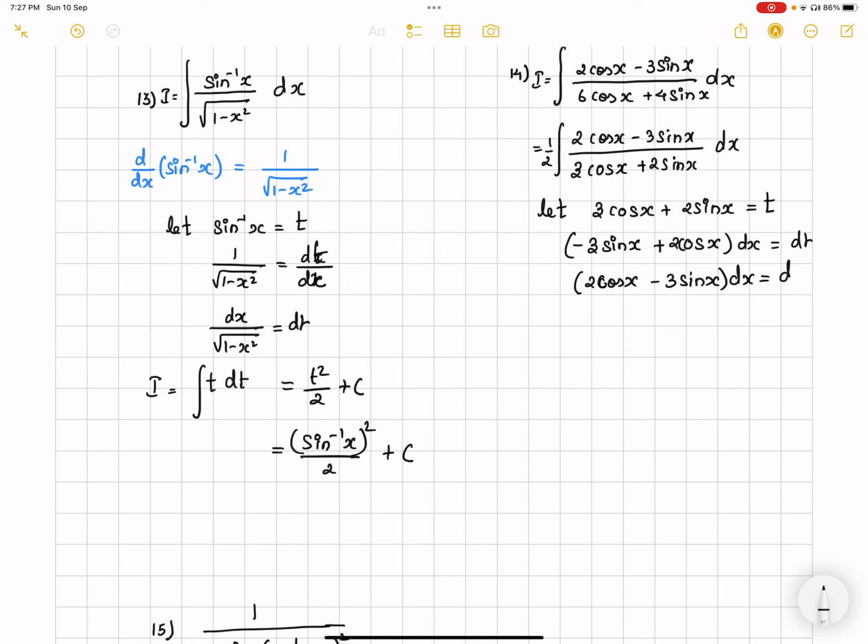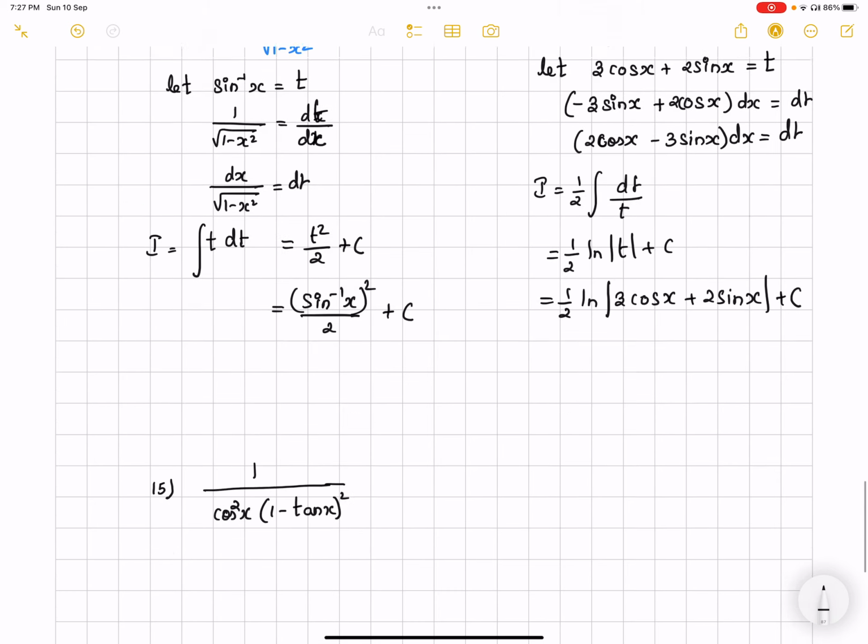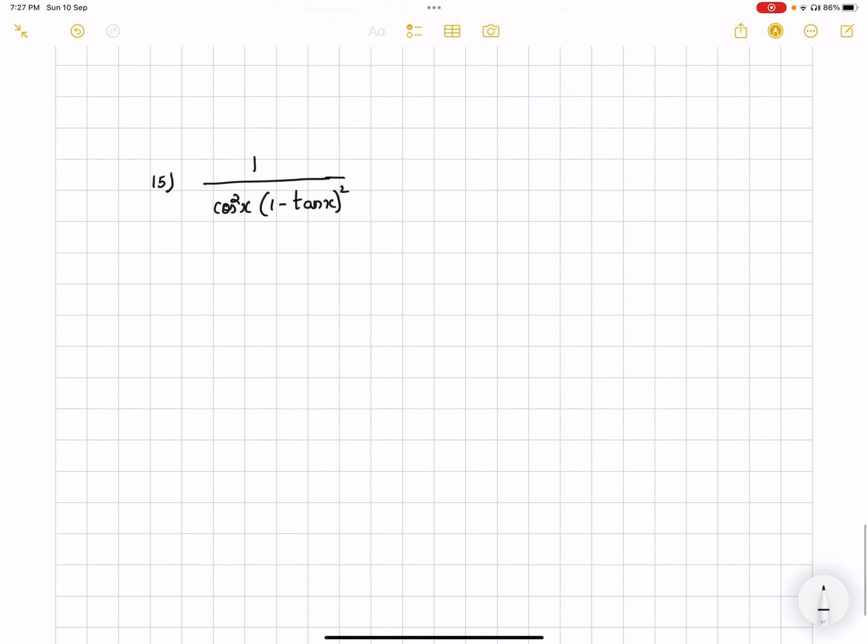Yes, it is equal. So now my problem changes to 1 by 2 dt by t. Now, what is the integration of 1 by t dt? It's going to be ln of mod t plus c. What is my t? t is nothing but 3 cos x plus 2 sin x, plus c. That's it. Problem solved.